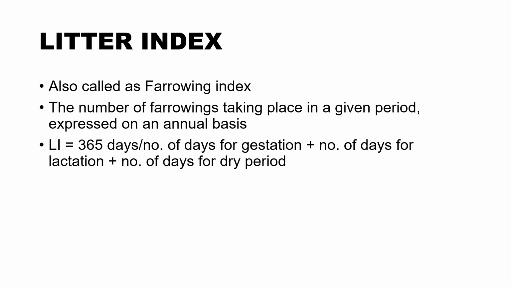So, first is the litter index. When we say litter index, it is also called farrowing index. Tandaan yon. Litter index and farrowing index are the same. This is the number of farrowings taking place in a given period expressed on an annual basis.